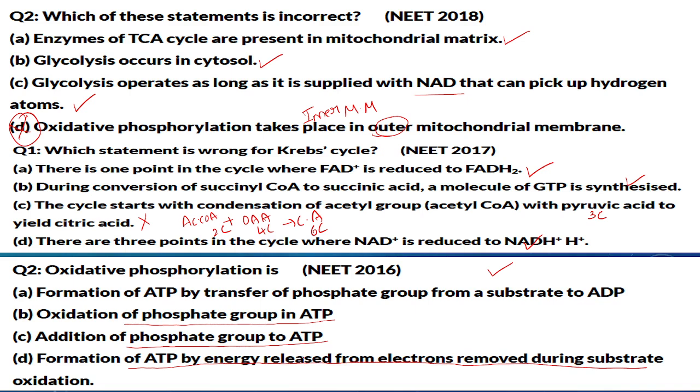Yes, it is correct. Option D is correct. ATP is formed by the energy released from the electrons obtained by oxidation of substrate. What is the substrate here? Oxidation of glucose is the substrate. By oxidation of glucose, we get electrons. From the movement of those electrons, ATP is formed.